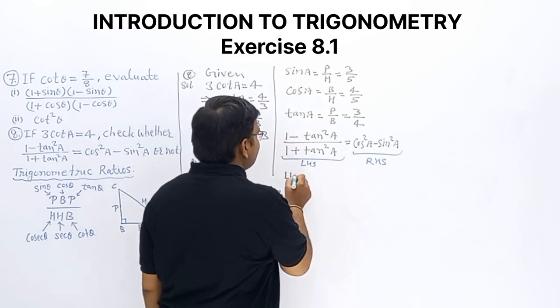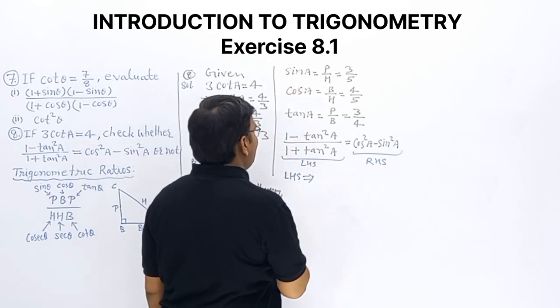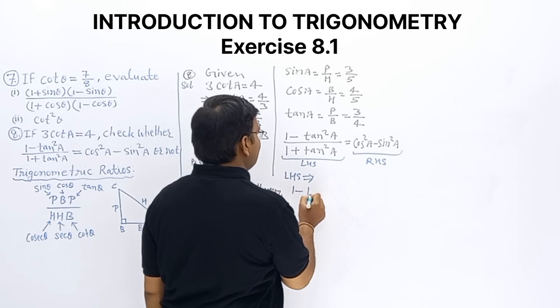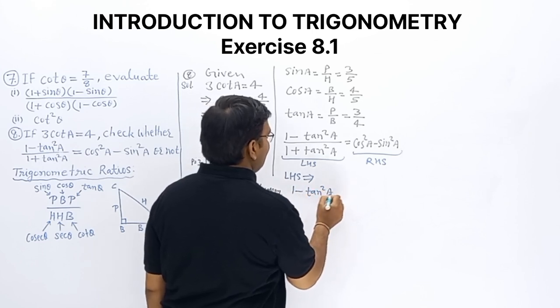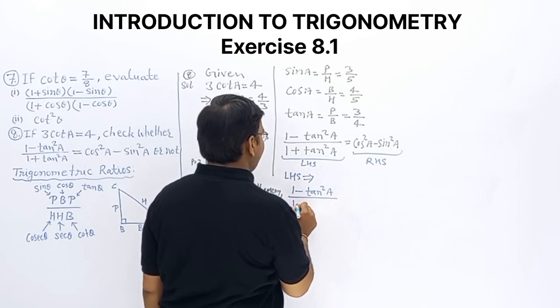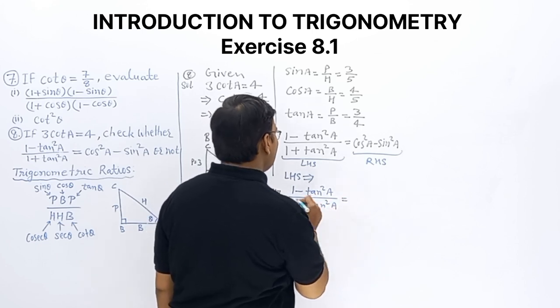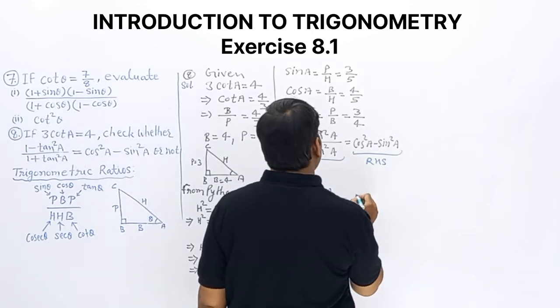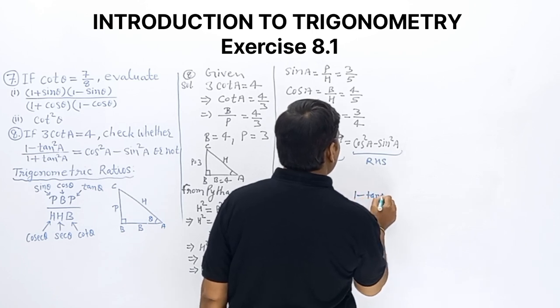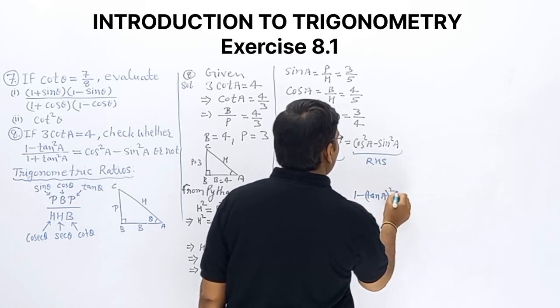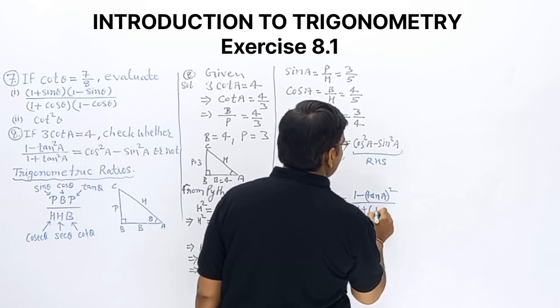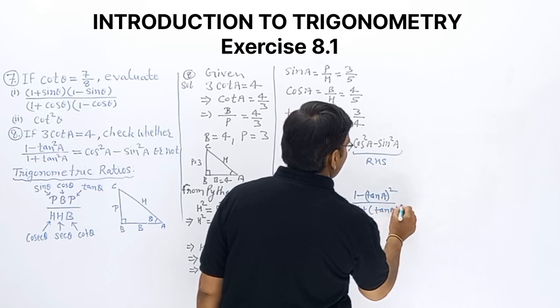Left hand side I am taking first. So what is the left hand side? 1 minus tangent square A upon 1 plus tangent square A. Now this can be written as 1 minus tangent A whole square upon 1 plus tangent A whole square.